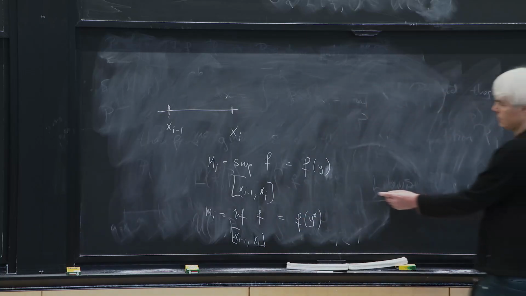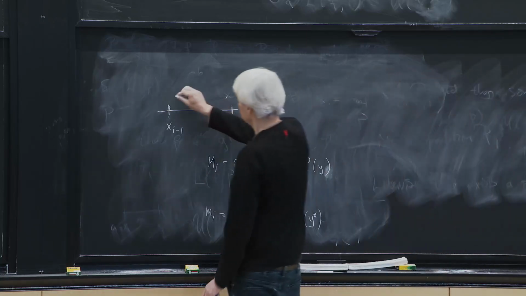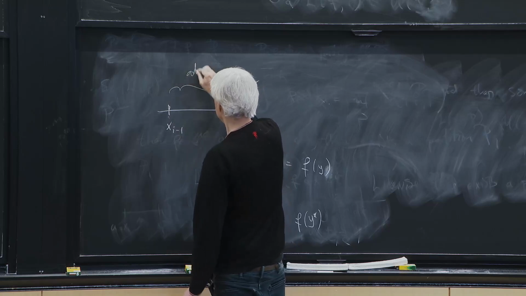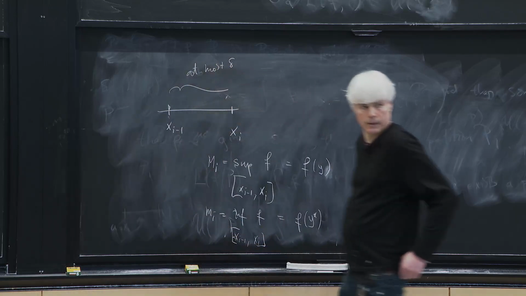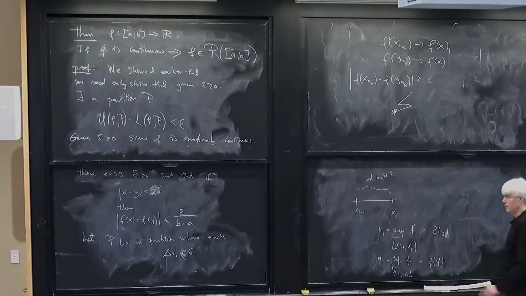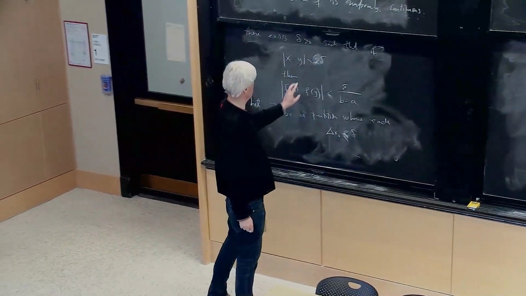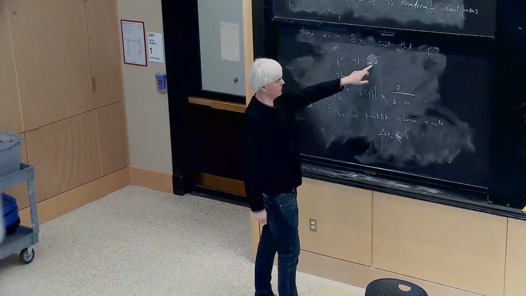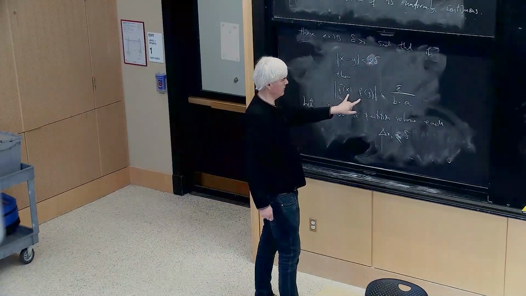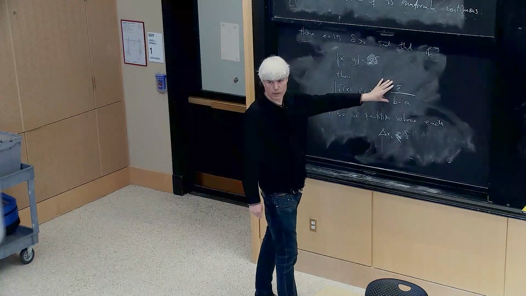But now this interval here has length at most delta, right? So this means that the difference in the value of any such two points is strictly less than 2 delta. So that means that the values differ at most like this.